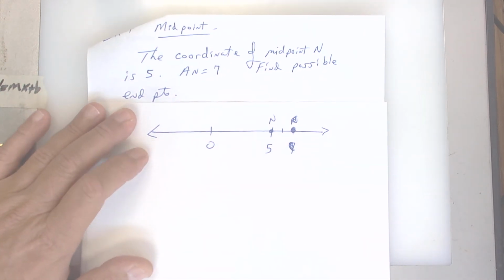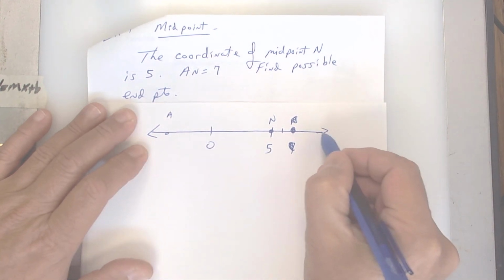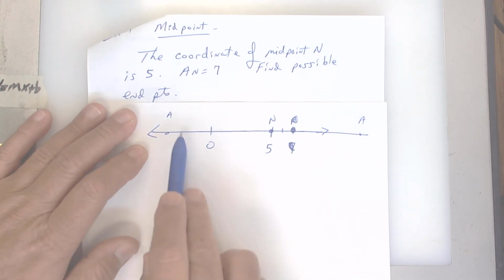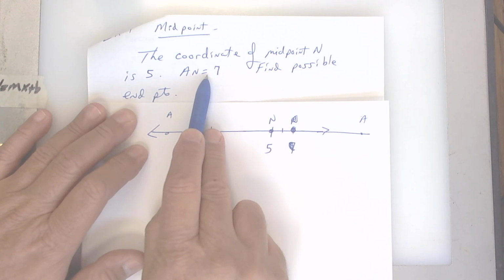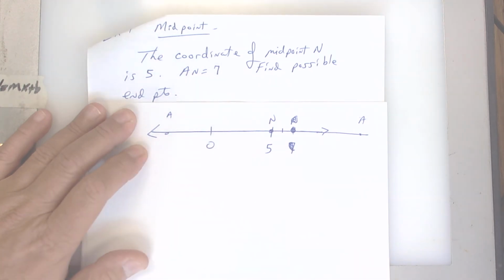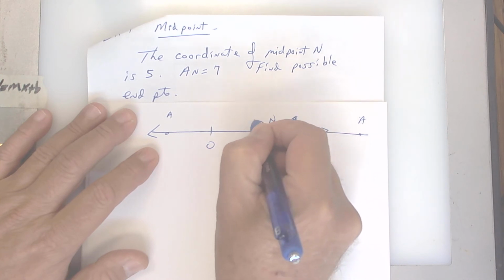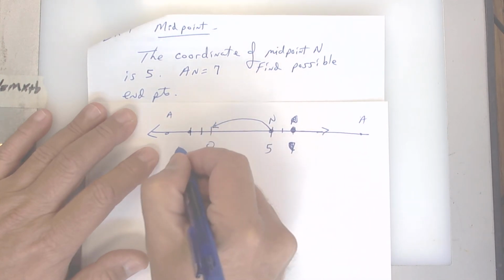So AN, A has to either be over here or A has to be over here. There are two possibilities for AN. It could be this one or it could be this one. But the distance has to be 7. So you want to count backwards. If this is 5, then 0 is 5, 6, 7, so it has to be -2.